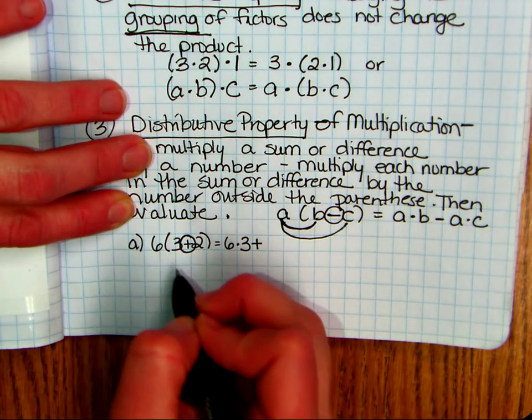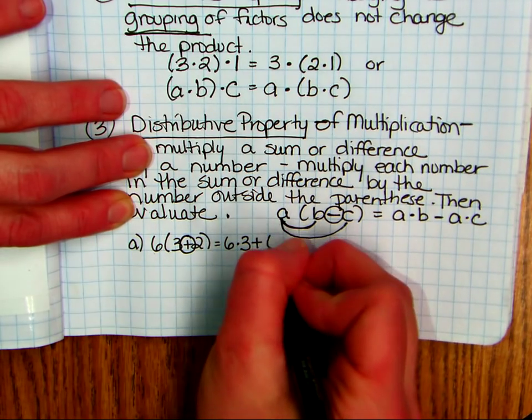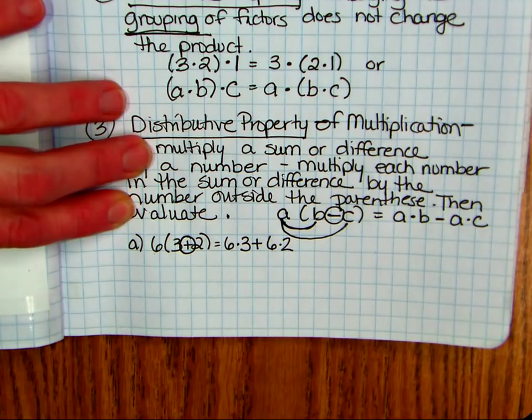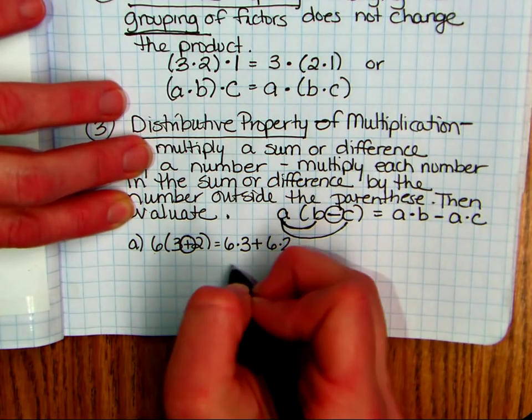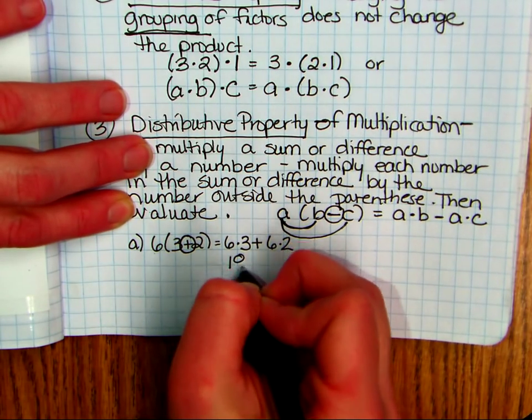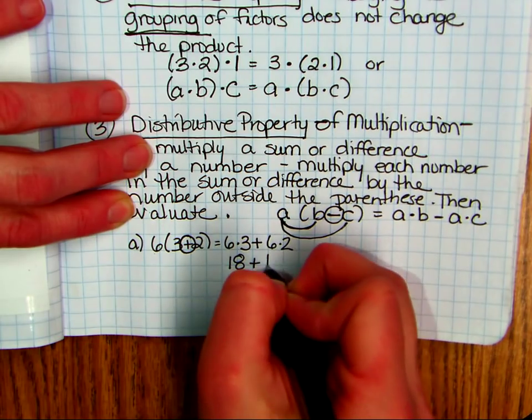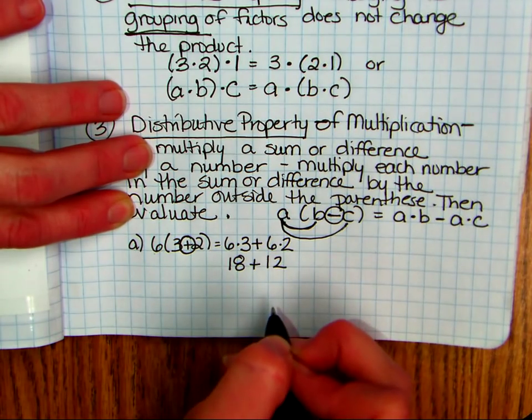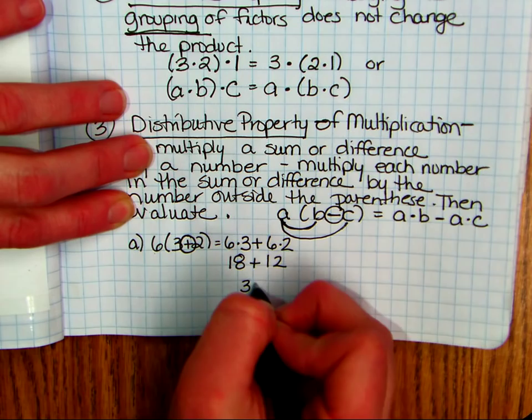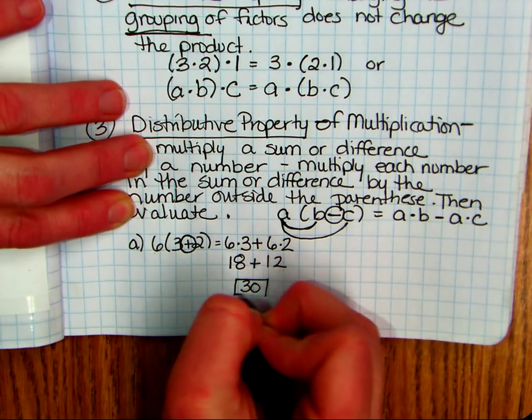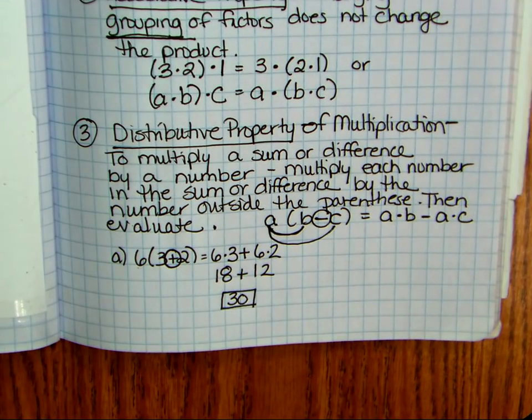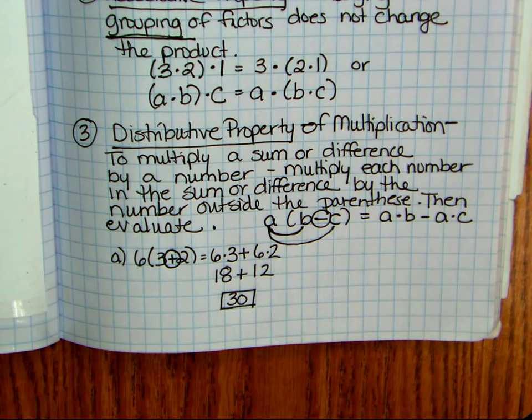And then I would go to the next one. 6 times what? 2. All right, so now that I have that, what is 6 times 3? 18. Plus, what is 6 times 2? 12. Okay, what is 18 plus 12? 30. Did I get my same answer? Yes, because it works. But like I said, sometimes this would be more complicated, and we're going to have to kind of work on it.